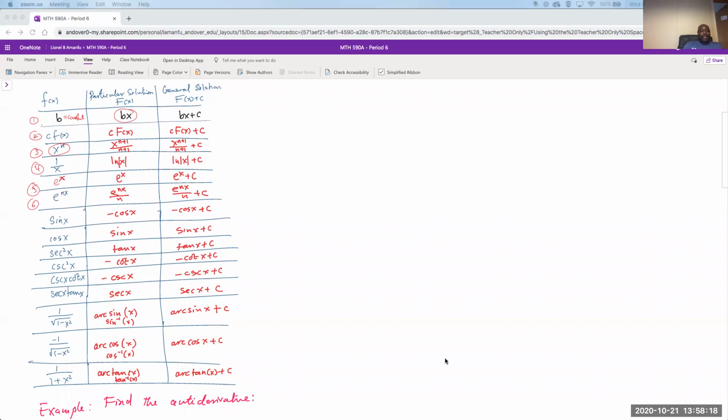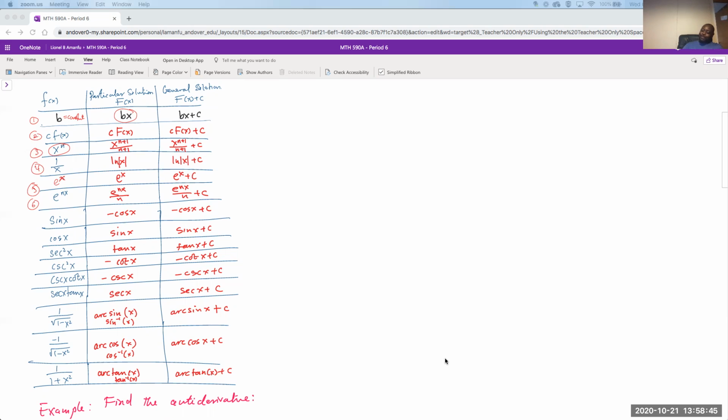Is negative sine x, which is positive sine x. So you reverse engineer all your trig derivatives, and then you can also look at your inverse trig functions. You can clearly see that if you have 1 over 1 plus x squared, where did it come from? It came from arctangent.